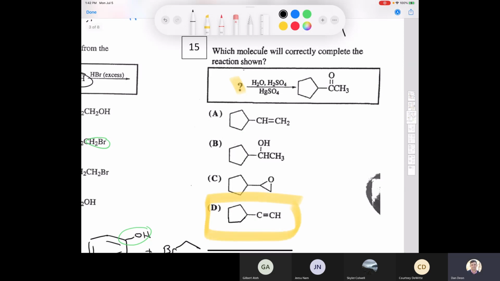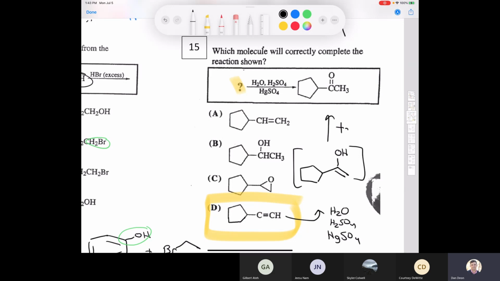Because when you treat it with water, sulfuric acid, and mercuric sulfate, you actually end up producing an enol, don't you? Because this is a Markovnikov addition of water across that triple bond, but then this enol undergoes tautomerization to give you the methyl ketone.